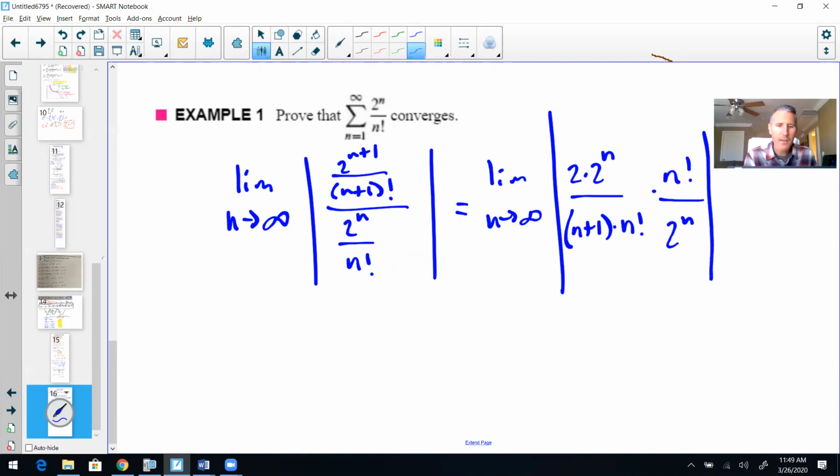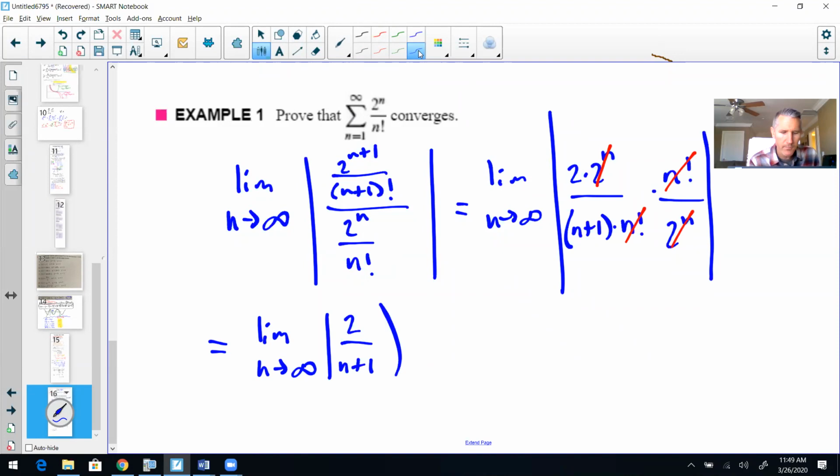So this is what we have. Now those 2 to the n's cancel out. The n factorials cancel out. And I now have that this is equal to the limit as n approaches infinity of the absolute value of 2 over n plus 1. Oops, that's it.